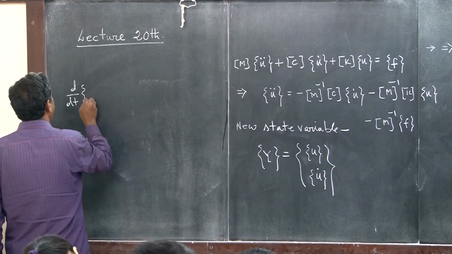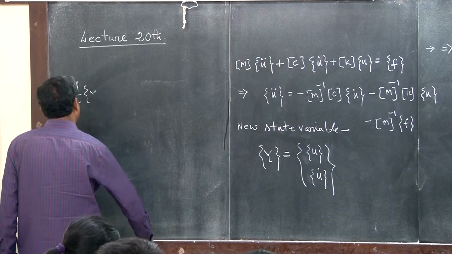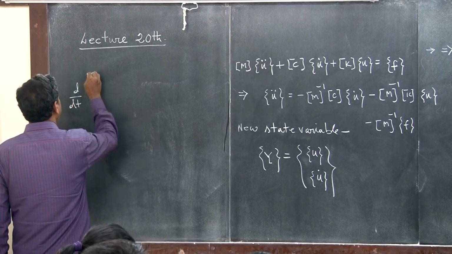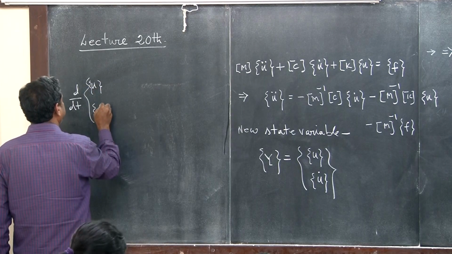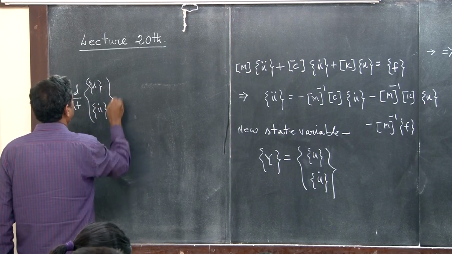d/dt of u dot, d/dt of the state vector, that is the state vector dot is nothing but what?